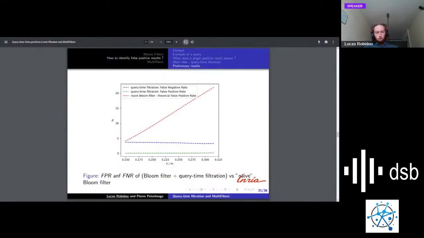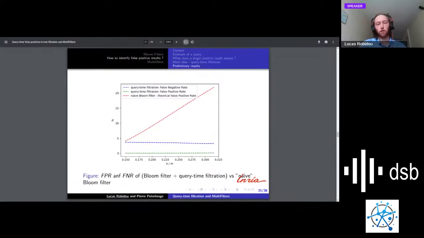So in that figure, in abscissa, you can see the load factor of the Bloom filters, the number of elements per bit. And I plotted the false positive rates of a theoretical Bloom filter, which is in red, and the false positive rate of the query time filtered Bloom filter, sorry, in green.